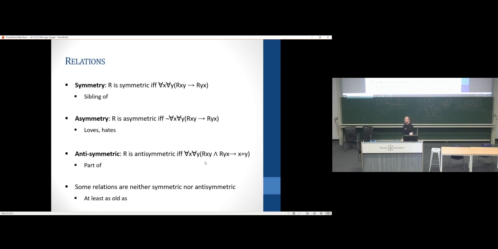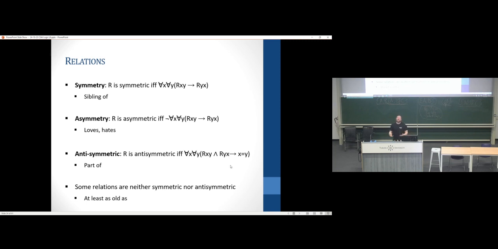And notably, we can also define a notion of antisymmetric. We can say the relation R is antisymmetric if and only if, for two things, if x r's y and y r's x, then they must be identical. So the idea for an antisymmetric relation is that you never get arrows going back and forth between two distinct objects. One arguable property here is a part of.